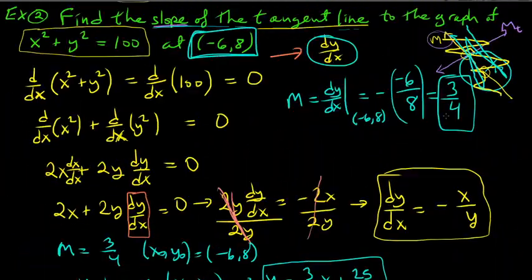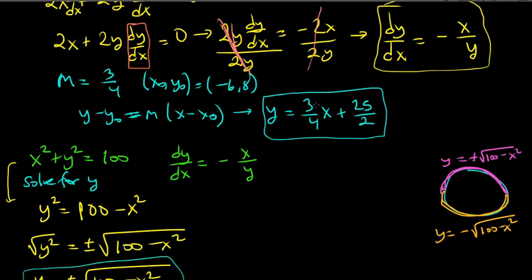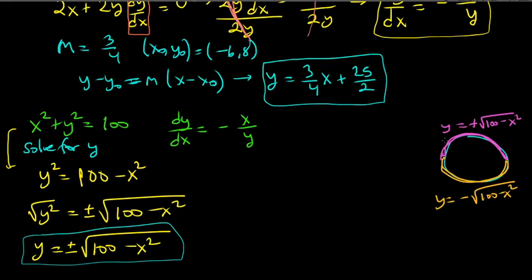However, remember the original problem. We want to find the slope of the tangent line at a specific point. That point being negative 6, 8, which is somewhere around here. So here's the x-axis, here's the y-axis. So notice where this point is.